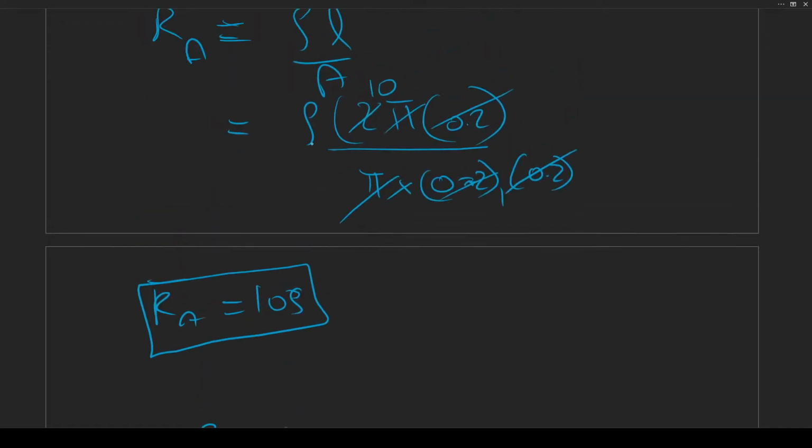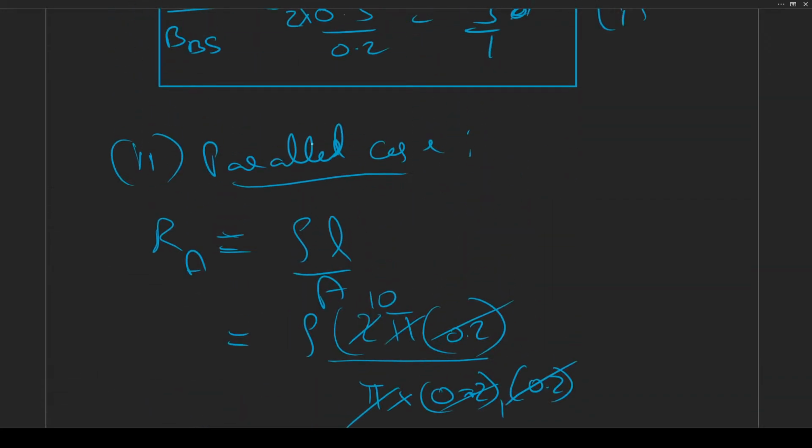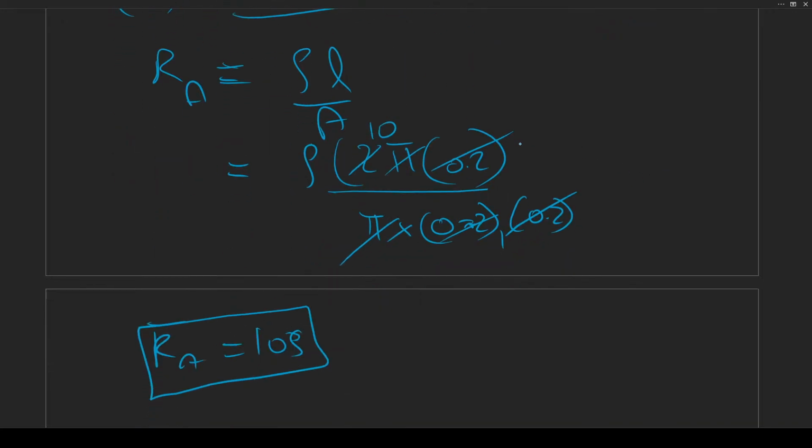Now let's find Rb. Wait a second, this is times 100 actually, because there are 100 turns, so it is 10 power 3 rho.